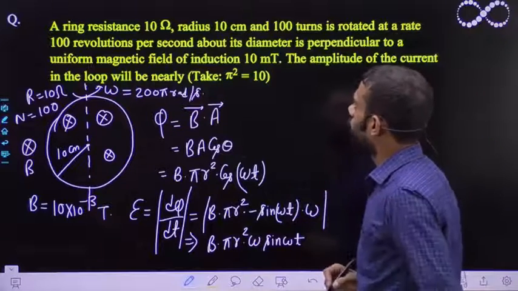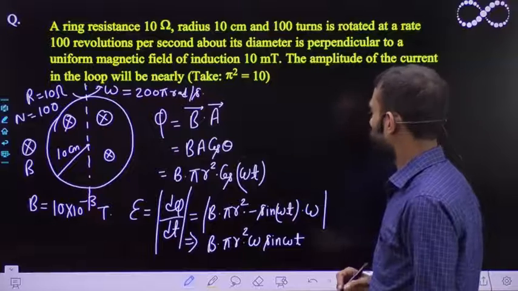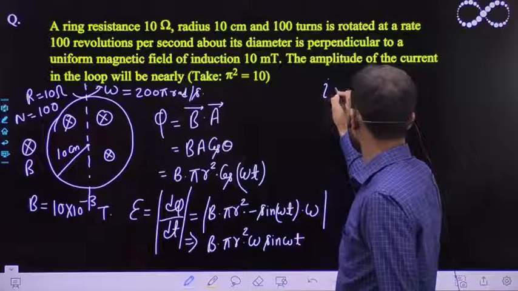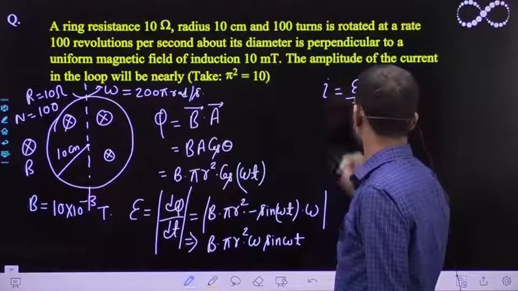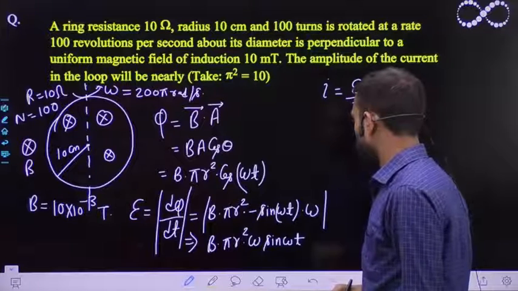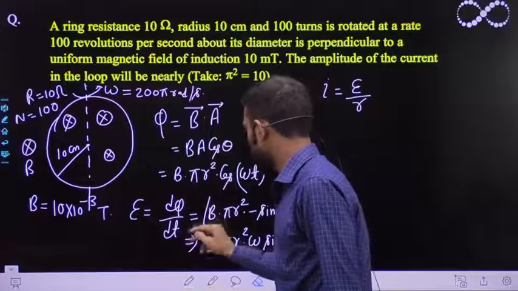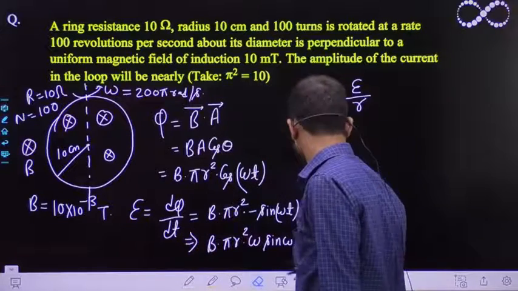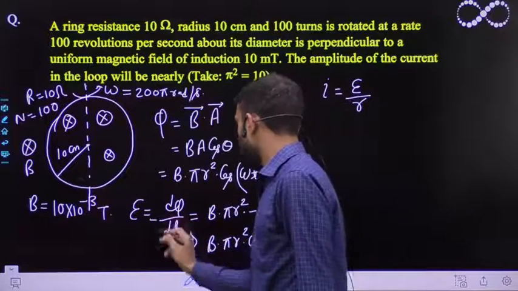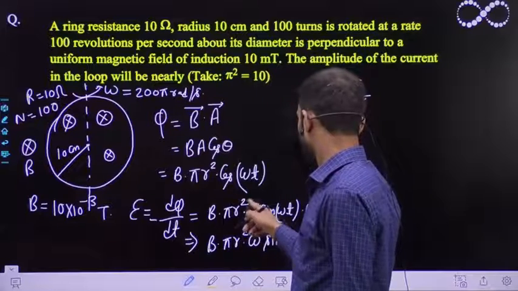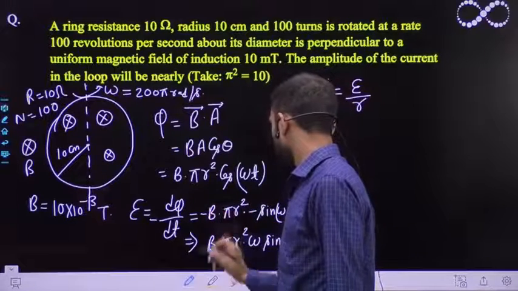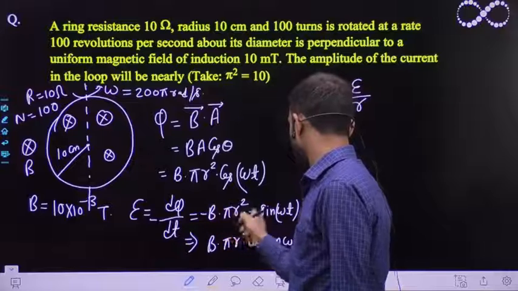So what I need to find is the amplitude of current. I got the EMF here, so I will be nothing but E upon R. Or if you want, let us take the direction also in consideration, nothing will happen. If I take EMF as minus d phi by dt, the cos gives a minus, so minus minus will get removed and this will become plus.